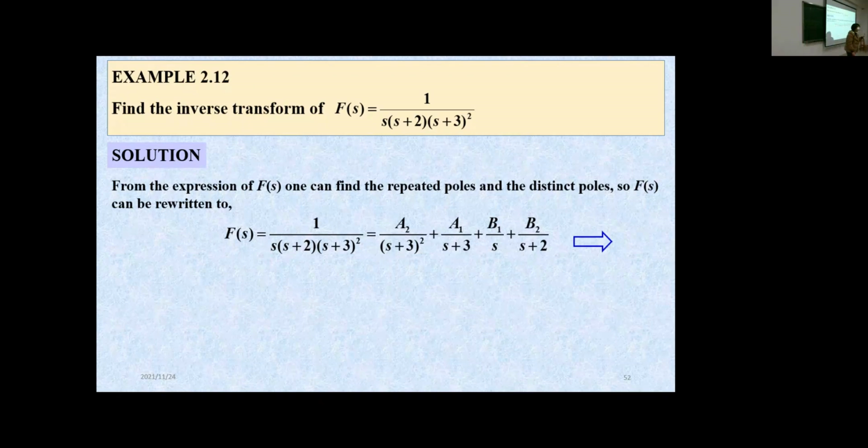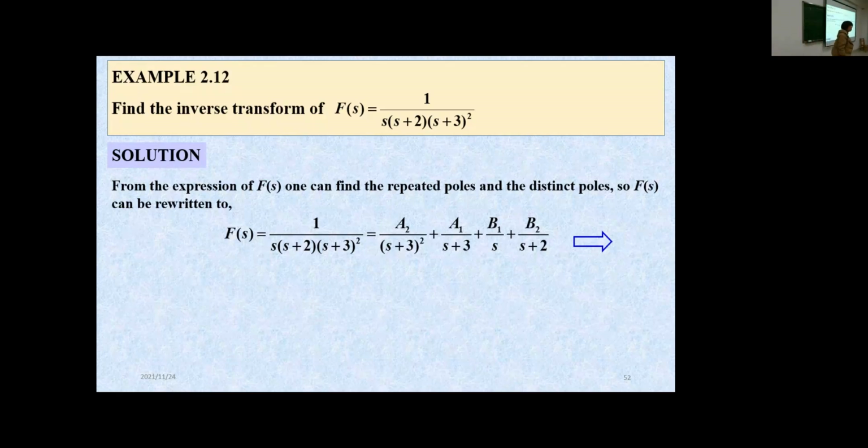By solving these together, you will get A1, A2, B1, B2. But maybe the math process is a little bit hard to solve.